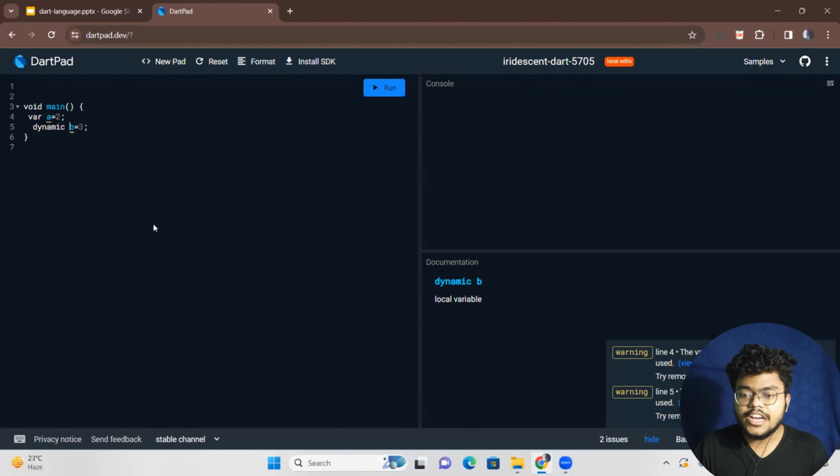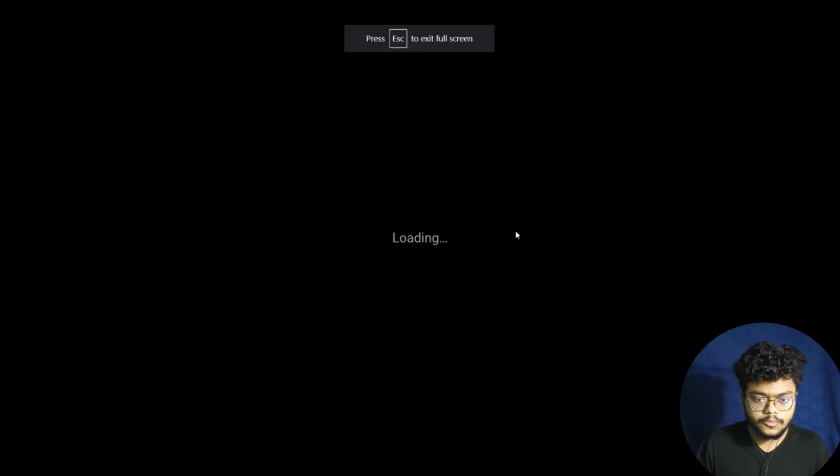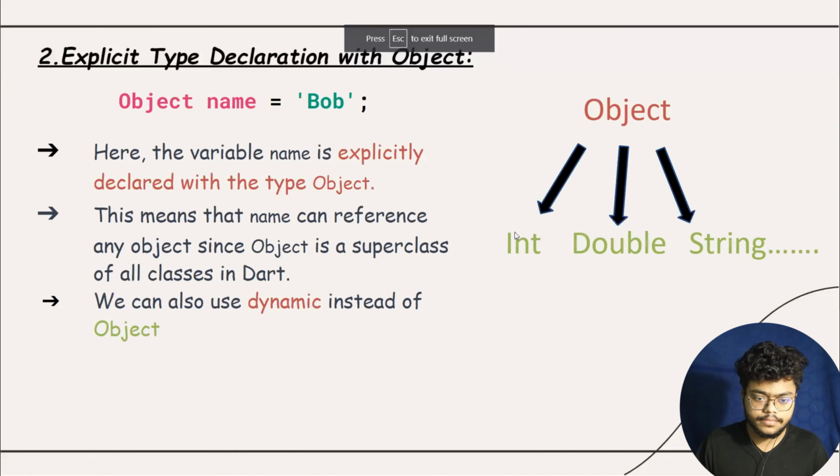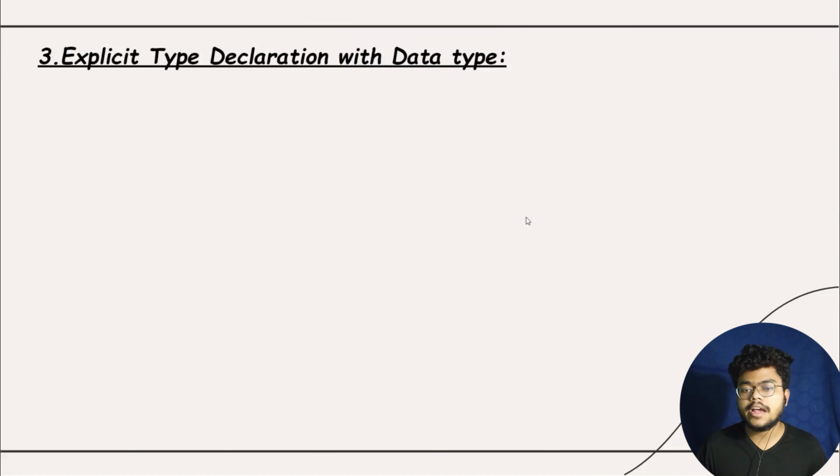But in the case of dynamic, it is done at runtime, not compilation time. That is the difference between object and dynamic. So, parent child hierarchy. And the third type is explicit type declaration with data type.